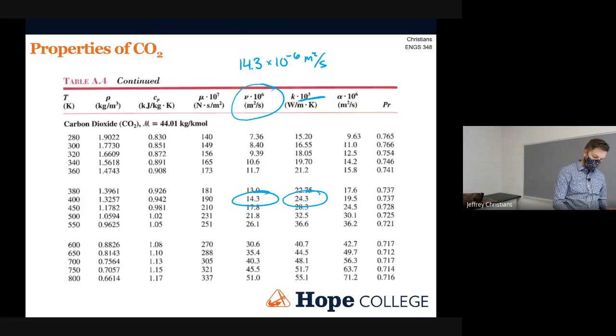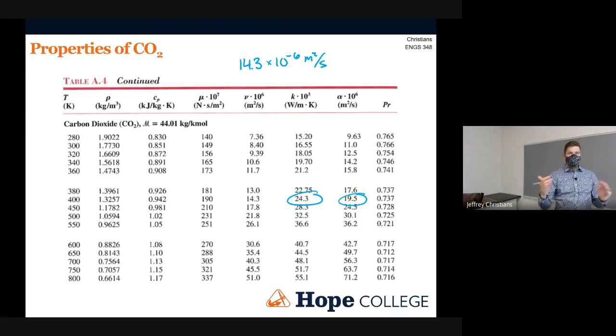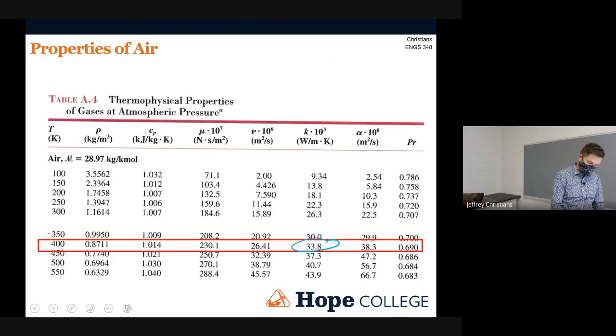There's the thermal conductivity, 24.3. The thermal diffusivity, how well heat moves through carbon dioxide, is actually worse. 19.5 compared to 38.3. So heat moves through carbon dioxide about half as well.